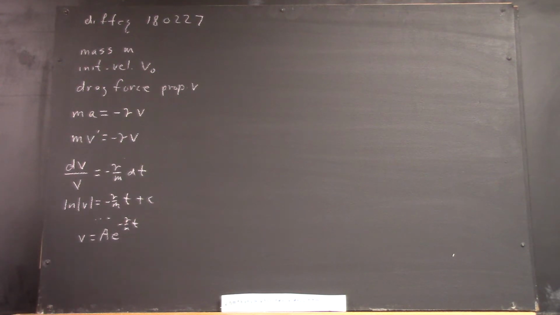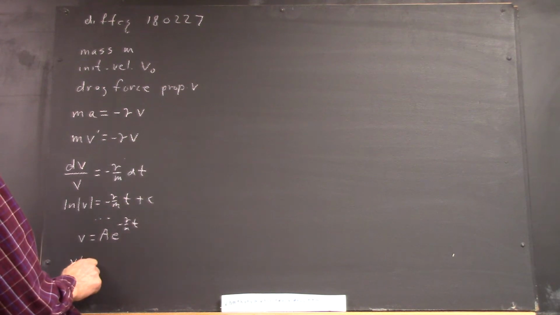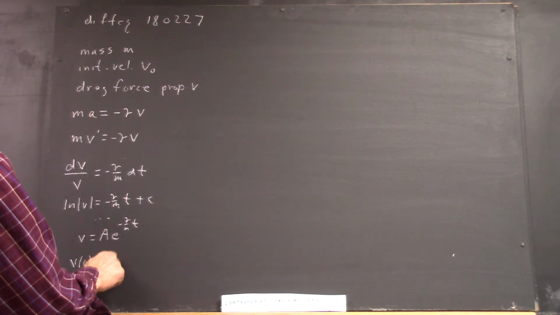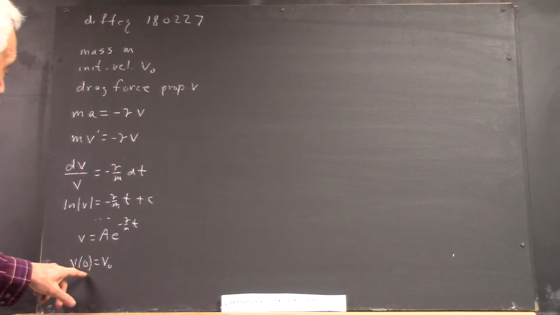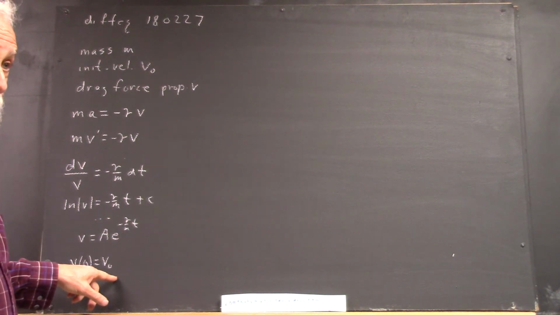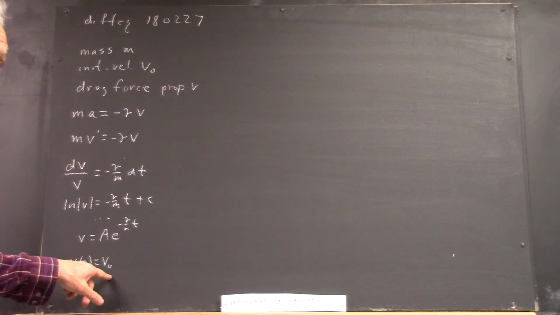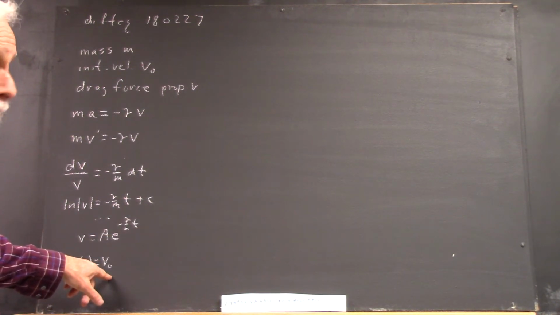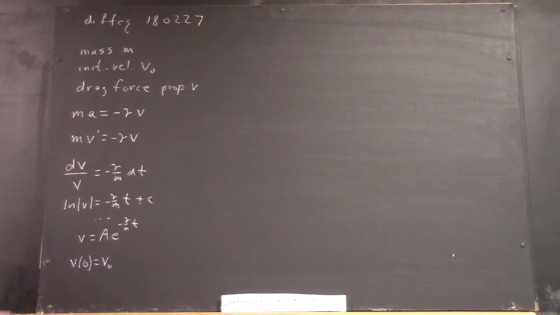Now, we know that we'll choose our time such that v of 0 equals v naught. We'll measure our time from the instant when we start, from the initial instant. Now we don't have to do that.